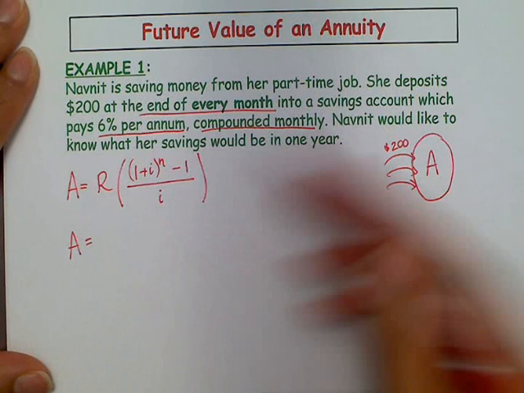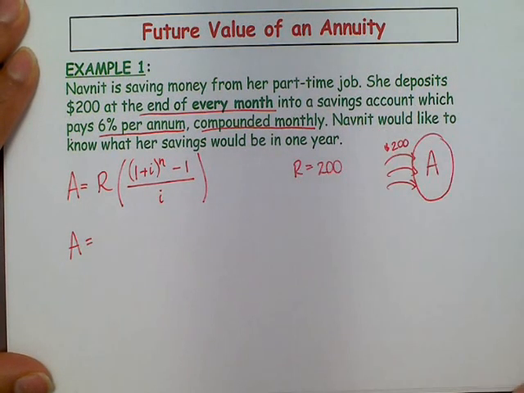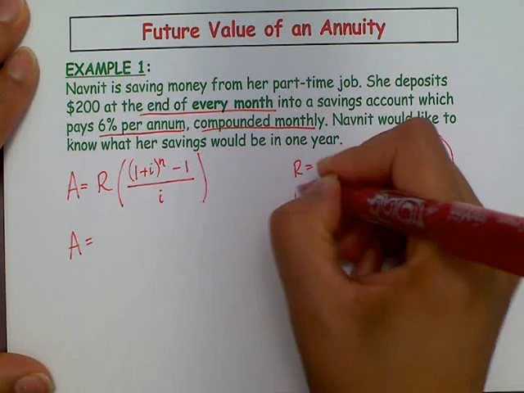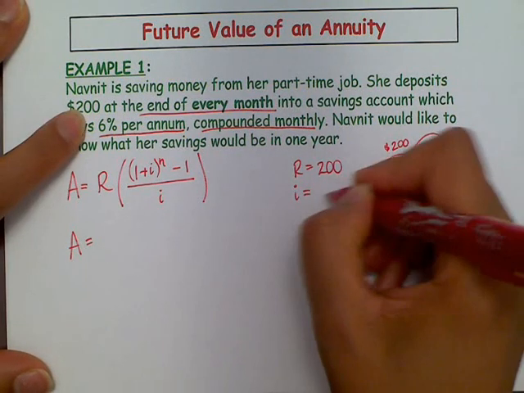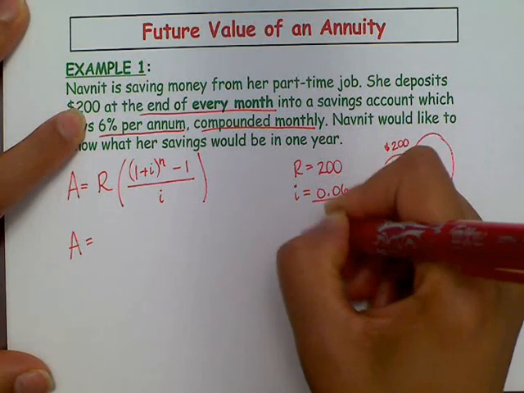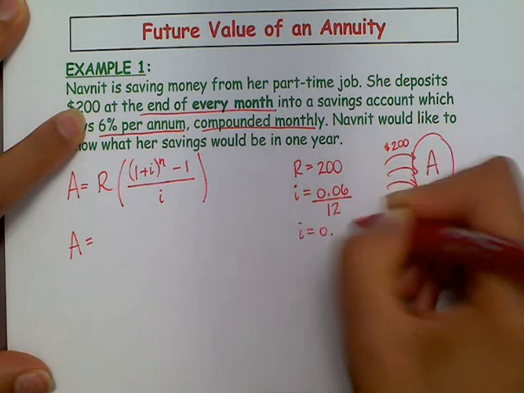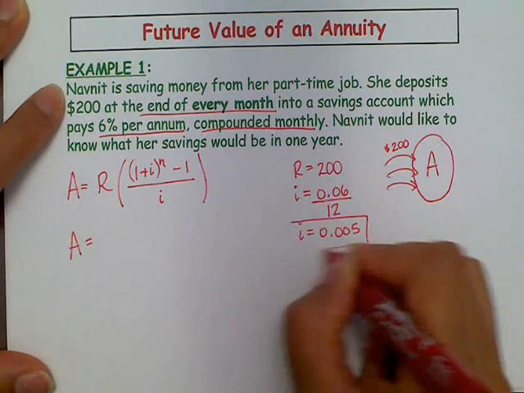Okay, so let's figure out some of the variables that we know. First of all, we know that our regular payments are 200, so that's R. We need to look for her interest rate per compounding period, so it's 6% per annum, but it's compounded monthly. So I'm going to divide that by 12, and I get her interest rate as 0.005.